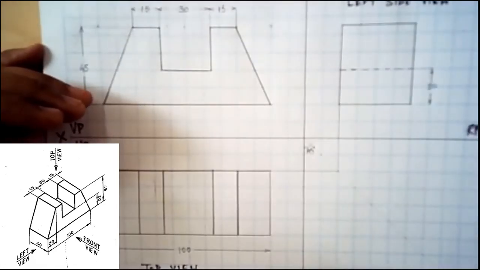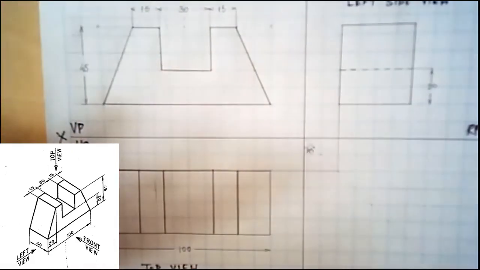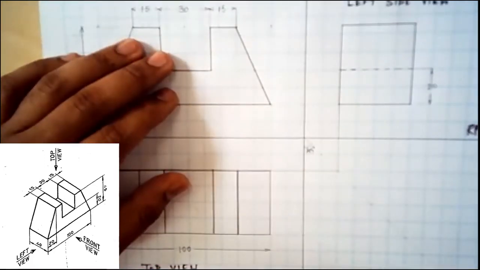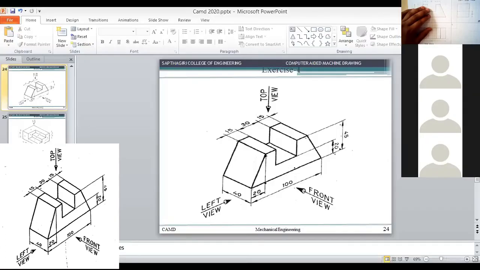And I told you, don't use this paint and all. Using paint is just a representation, to know the procedure of identifying the problems and the views, that's all. It is not like any other conditions. So in the same way, this is your first exercise.